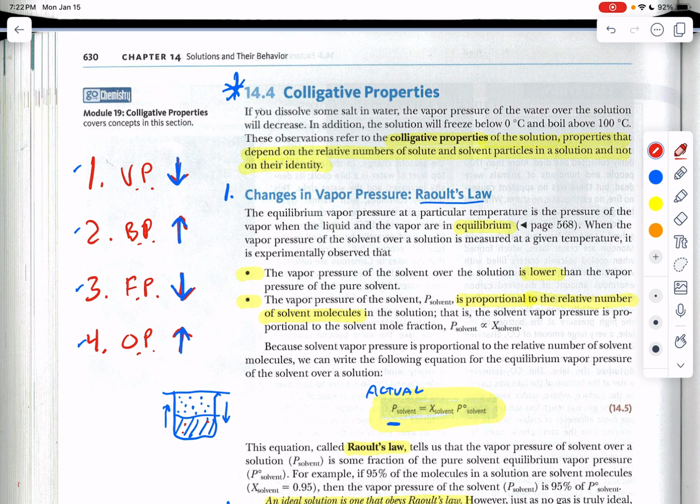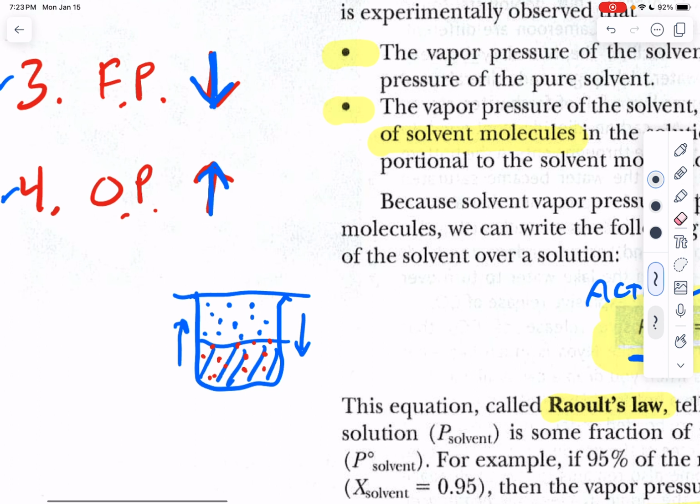Now, if I add a solute to that, and I dump the solute in here, pictured in red, what's going to happen is that is going to interfere, especially with the solute particles that are located at the surface. That is going to interfere with the ability of the solvent to evaporate, and so you won't have quite as much solvent in the space, and the line got erased there.